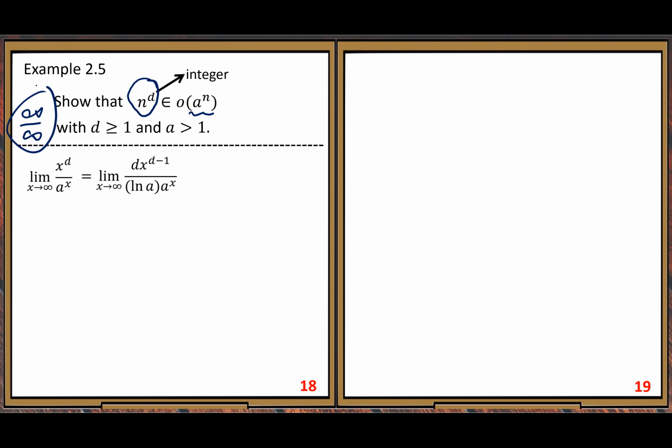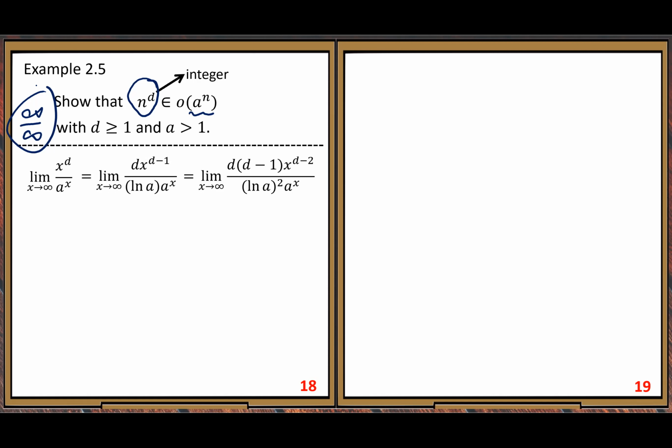Second time, take the derivative of the numerator and denominator. The numerator gives d times d minus 1 times x to the d minus 2 power, and the denominator gives natural log of a squared times a to the x.